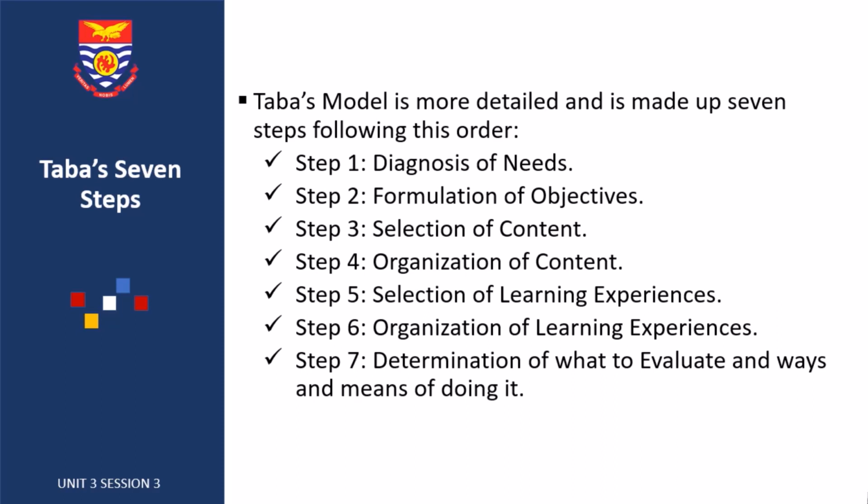So we cannot start from organization of content without having diagnosed the needs of the learner and the needs of the society. So that is for Taba. Because of the orderly nature of the phases, Taba's model is also a linear model. Now let's take the various phases and look at what each phase entails.